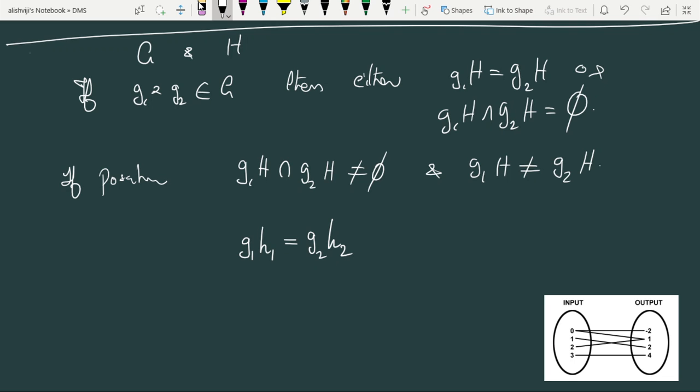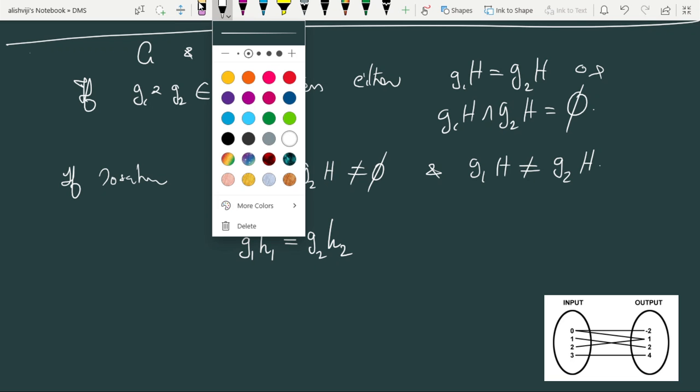So what we are doing is, if X is a common element in G1H and G2H, then X can be written as G1 into H1 since it belongs to G1H, and the same X can be written as G2H2 as it belongs to G2H. So the common element can be written as G1H1 and G2H2 at the same time.